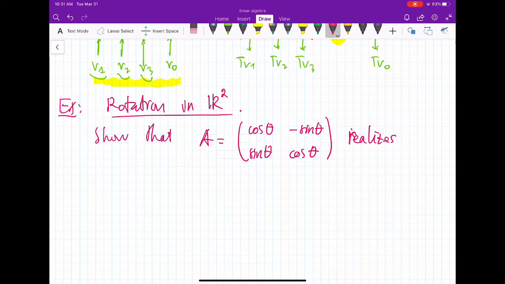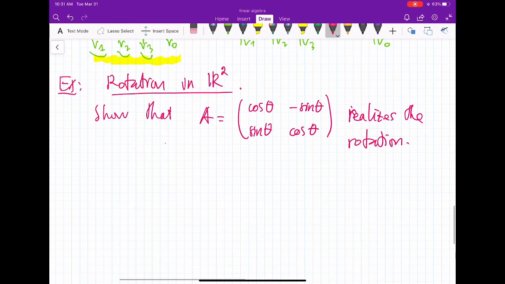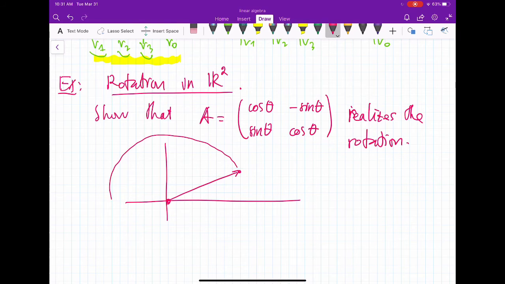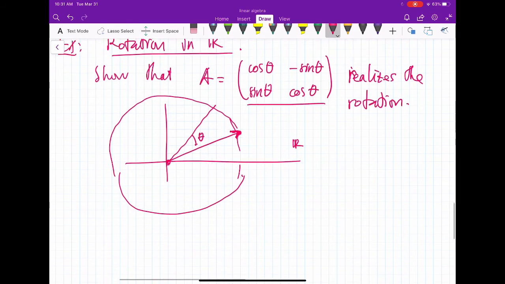Realize the rotation. So the rotation looks like this. You have some point here on the circle. This is your vector. You apply the matrix A to this vector. You just rotate this vector on the angle theta. Agree? So let's show that.